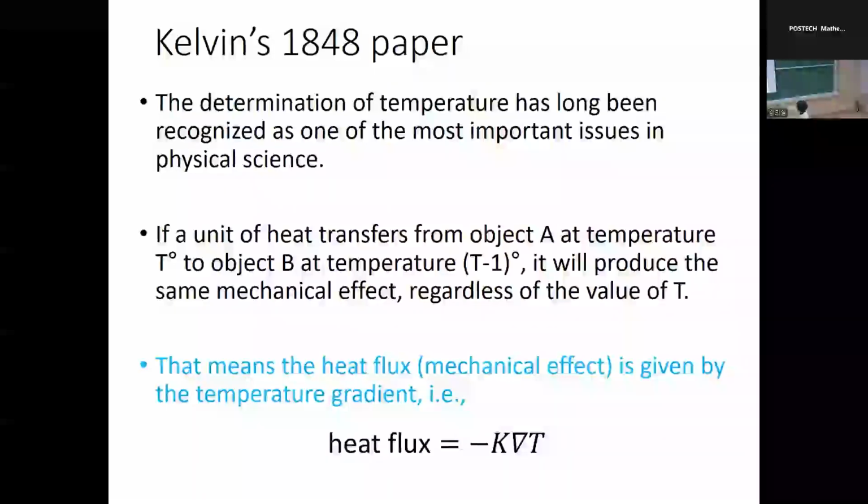A more precise statement: if a unit of heat transfers from an object at temperature T to an object at temperature T minus 1, and they come together, then heat moves, and the amount of transfer should be the same for any T. That's exactly that heat flux should be given by the gradient of the temperature. That should be the definition. So in my opinion, he just returned to Fourier's law.